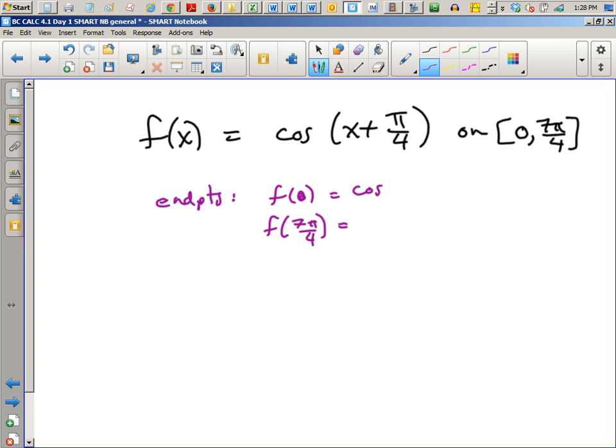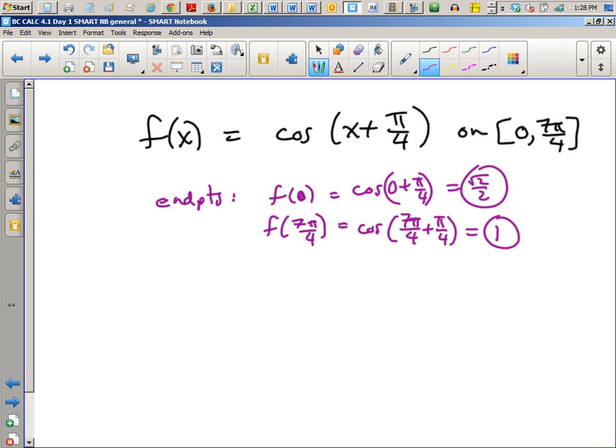What is cosine of 0 plus pi over 4? That's right, root 2 over 2. What is cosine of 7 pi over 4 plus pi over 4? 1. Who's bigger? Without a calculator, who's bigger? 1.